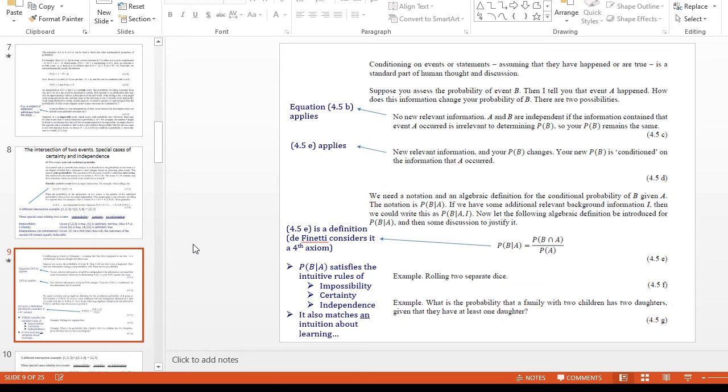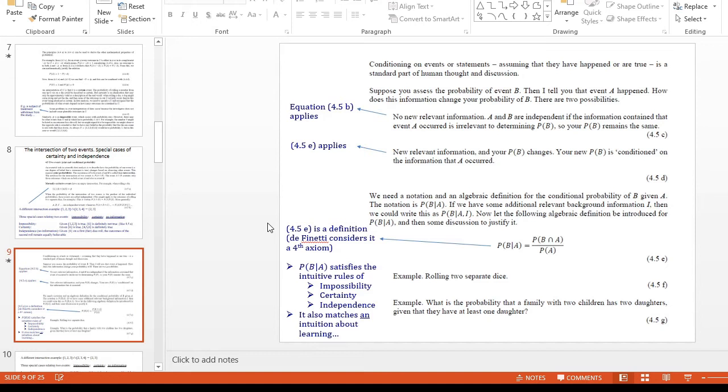Why do we need this notation? Well, because in doing statistical inference, the mathematical thing which we do, which is also the thing that we do naturally when we reason about subjects, is we condition on events or statements. So conditioning means assuming that one thing has happened or is true, and then asking how that changes my degree of belief in other things.